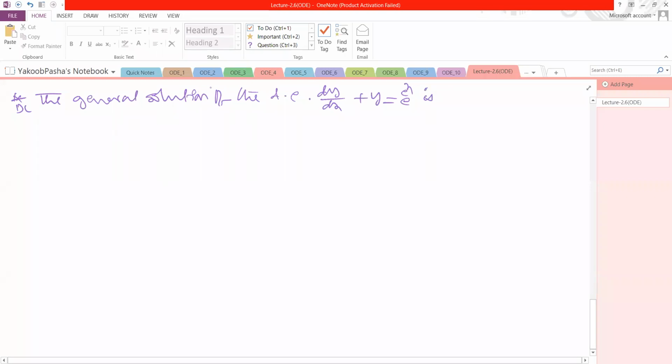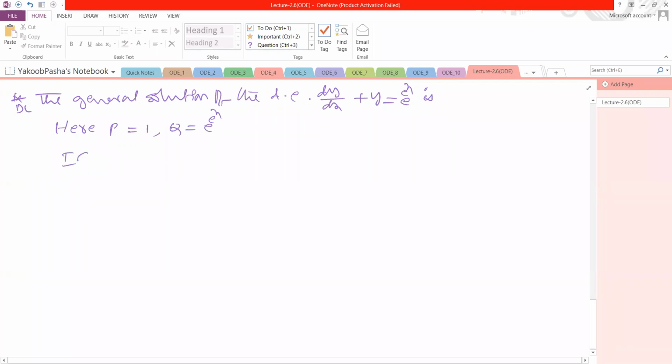Now clearly it is in the form of dy by dx plus py is equal to q. So we can write the p value directly. That is the coefficient of y, p is equal to 1, and q is equal to e to the power of x.